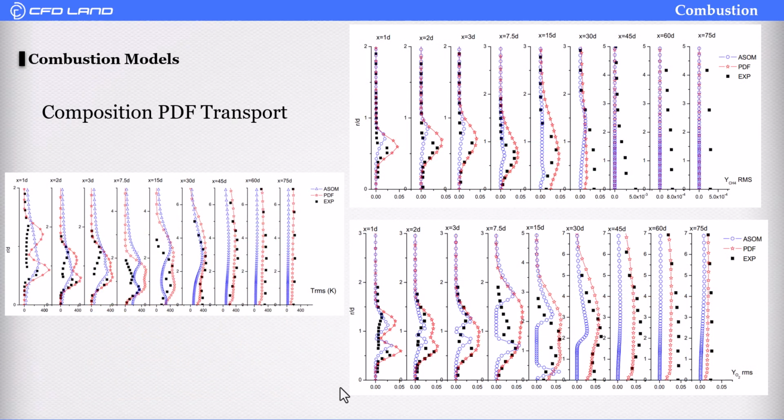And the last model, composition PDF transport. It is used when we are interested in simulating finite-rate chemical kinetic effects in turbulent reacting flows.